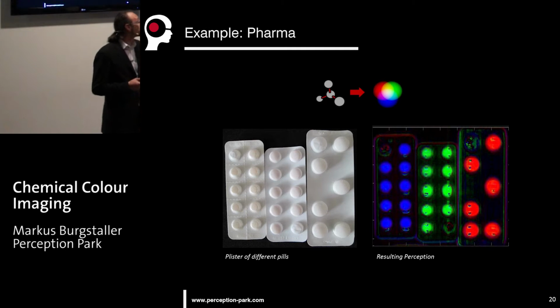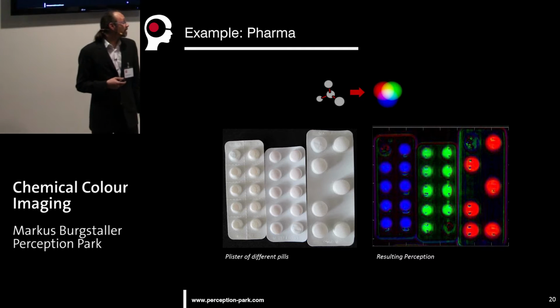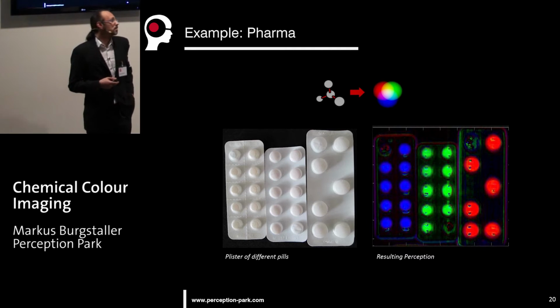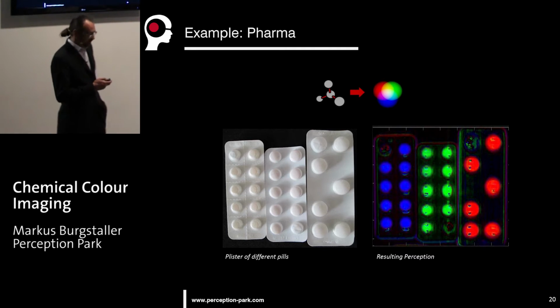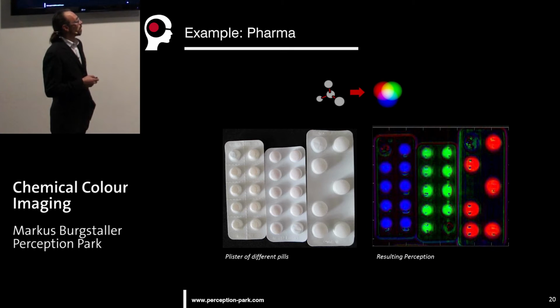Some examples. That's a pharma application. We put 3 blisters of different pills together and scanned the pills. We developed a model to detect these pills. You can see it here in blue color. So blue is the active pharmaceutical ingredient. What you can see here is one missing.